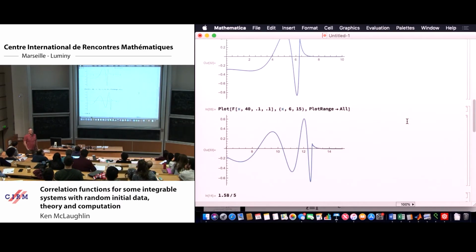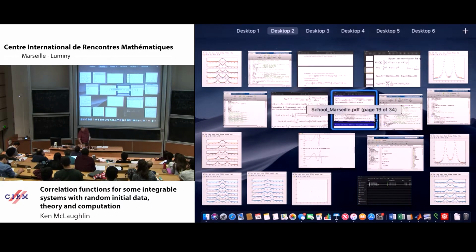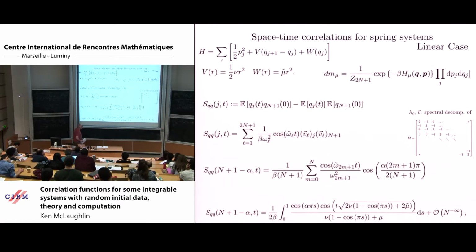So that begs the question, what is going on? And I want to just next point out that everything can be understood from this integral.